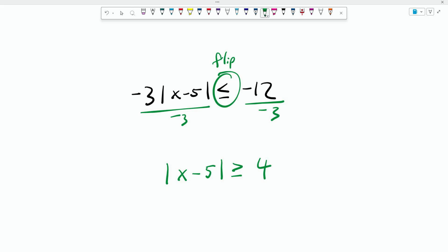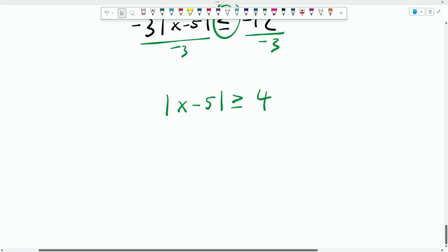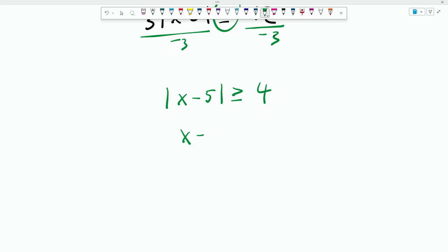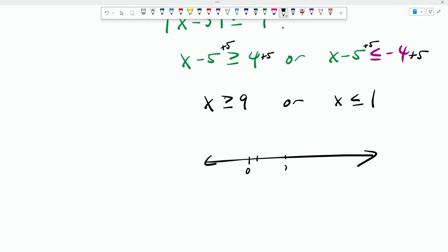And is this the and or the or compound? Or gotta write two separate inequalities. X minus 5 greater or equal to 4. Or x minus 5, we flip and we flip, less than or equal to negative 4.